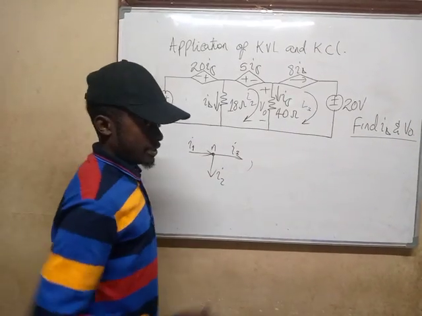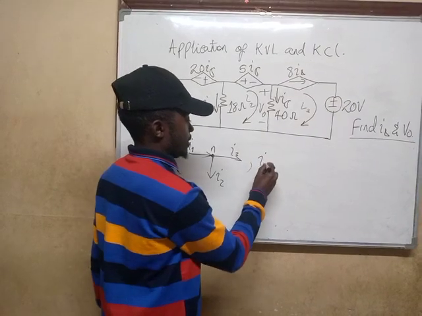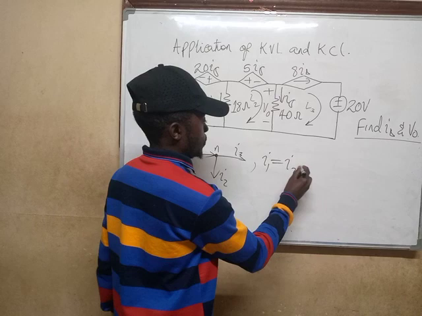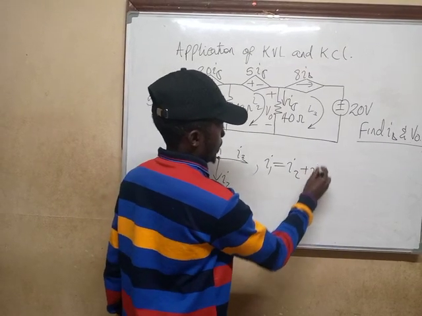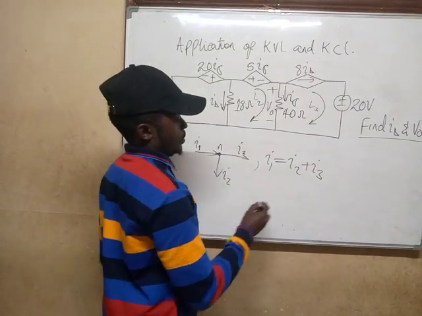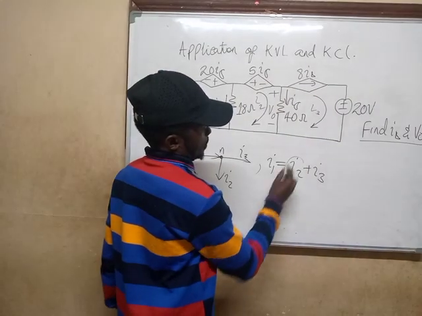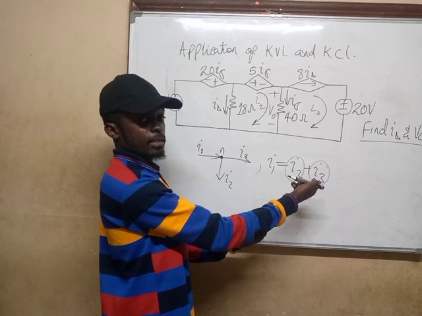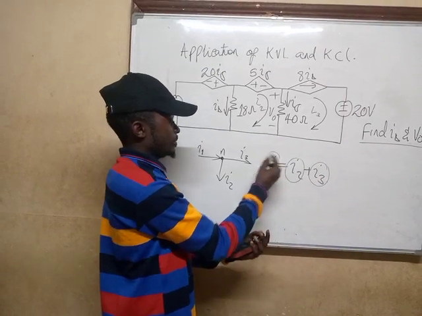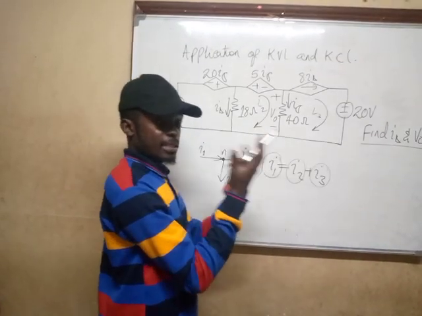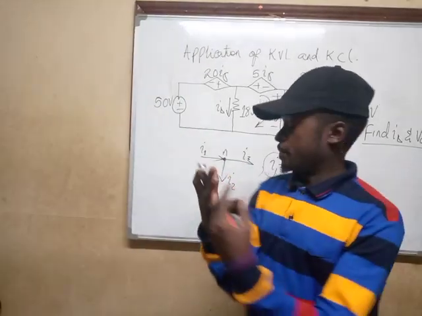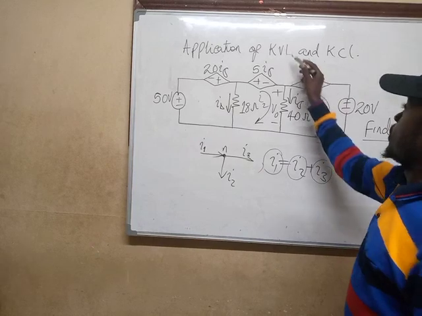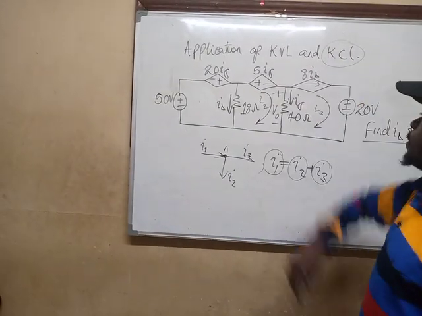So this I1 must be equal to I2 plus I3, because I2 and I3 are leaving the node, at the same time, I1 is entering the node. This is what Kirchhoff's current law means.